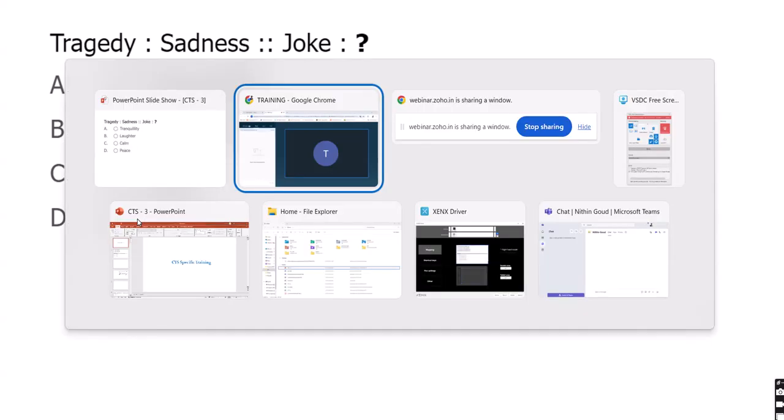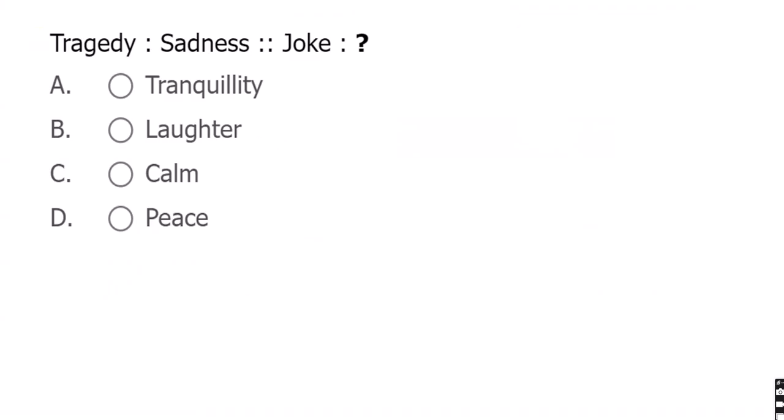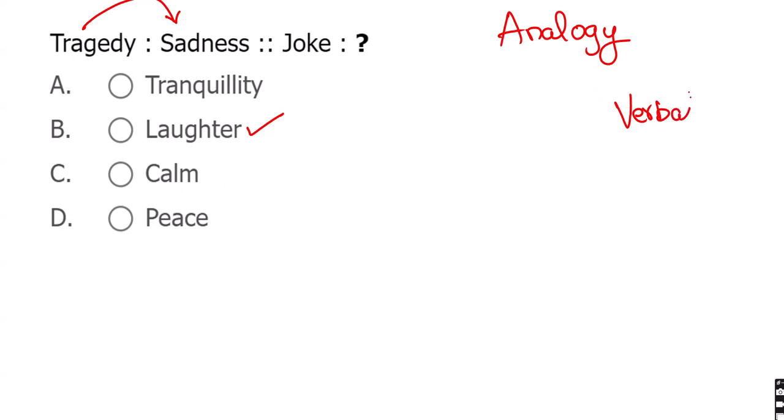Now they are asking an analogy related question, so focus. This is a question related to reasoning. With tragedy we get sadness, with joke we get laugh. So it's not calm piece. Joke, laugh. It's a bit related to verbal. They are asking this in reasoning, but verbal, English, is required, right?